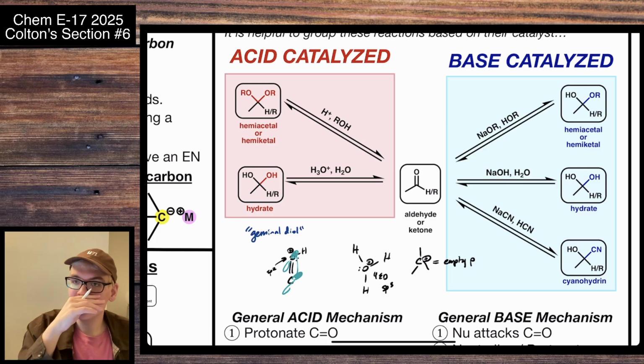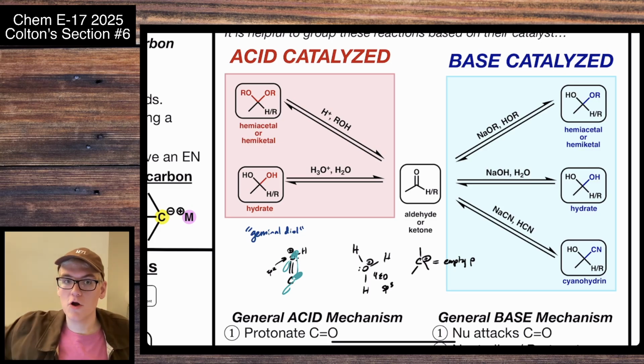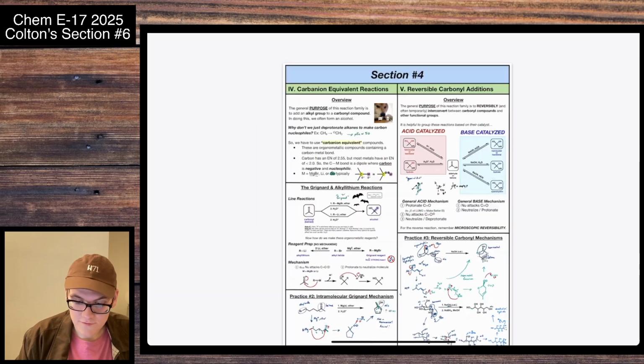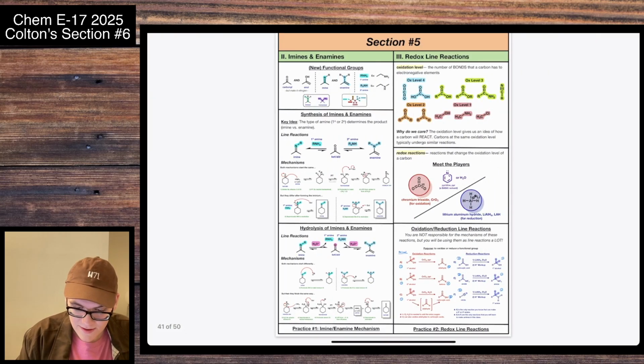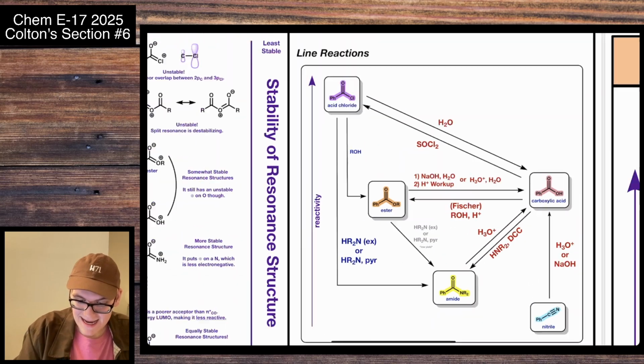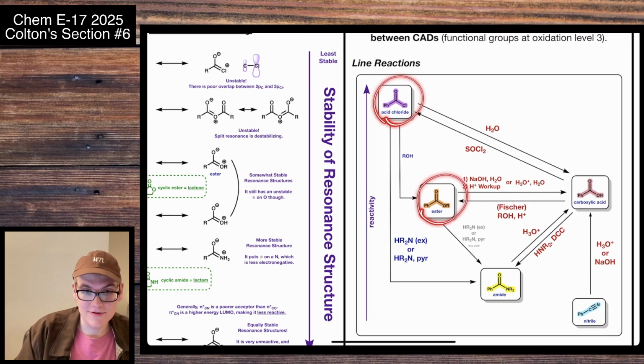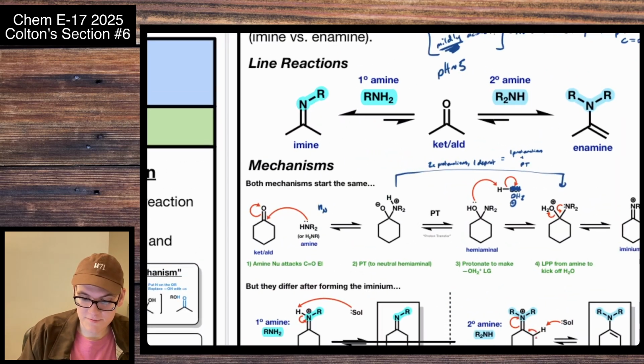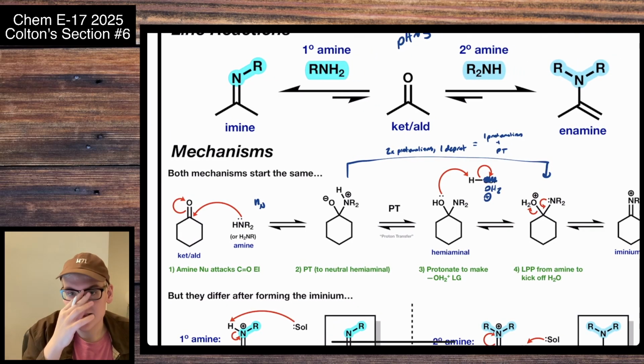So again, lectures 4, 5, and 6 are all about carbonyl reactions. But here, we just did additions for lecture 4. For lecture 5, we added and kicked off something and reformed a carbonyl because we are at the CAD level. And then for lecture 6, we did addition eliminations where we fully have kicked off a water as part of our reaction.